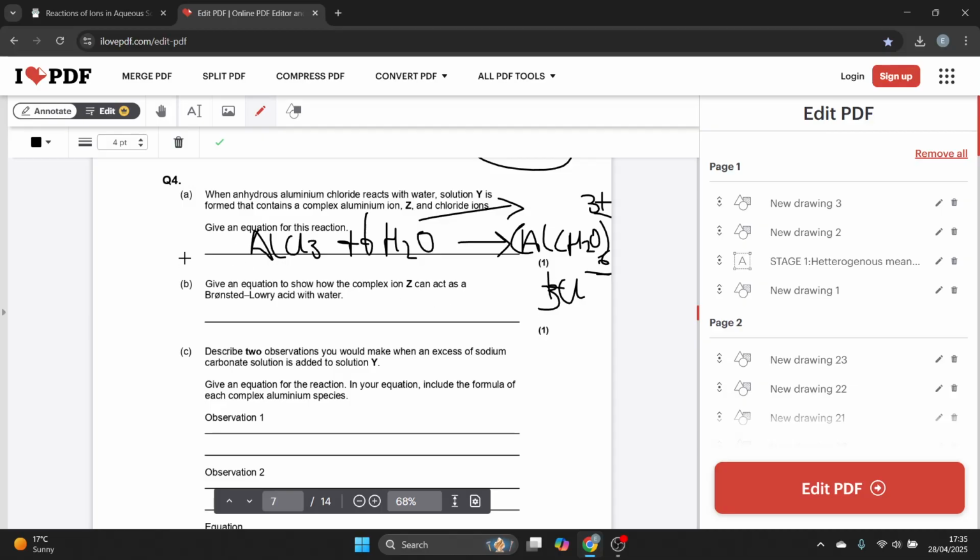Given the equation, show how the complex ion Z can act as a Bronsted-Lowry acid with water. Z contains a complex aluminium ion, so Z is Al(H2O)6 3+, which can act as a Bronsted-Lowry acid with water, plus H2O.